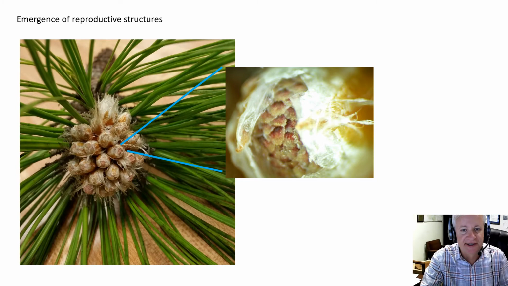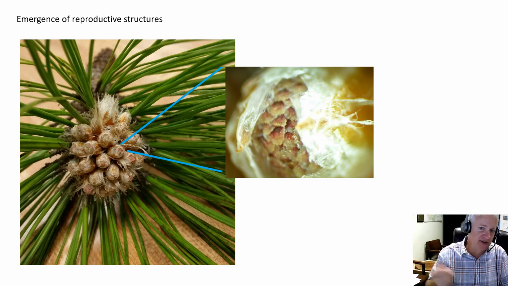The next is the emergence of reproductive structures from those buds, usually in the spring, in the year following the fall in which those primordia are initiated. This is obviously a pine, and this shows the emergence of ovulate strobili, which I'll talk about in more detail later when I talk about conifers.